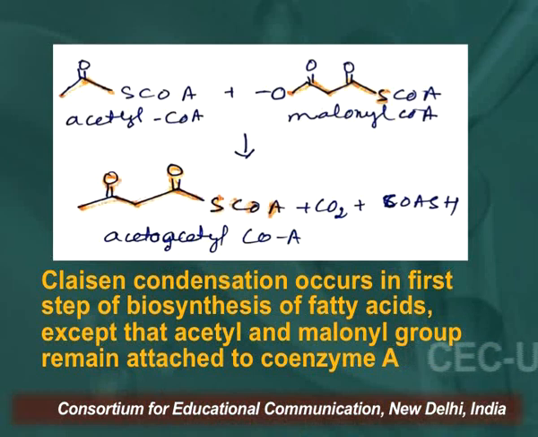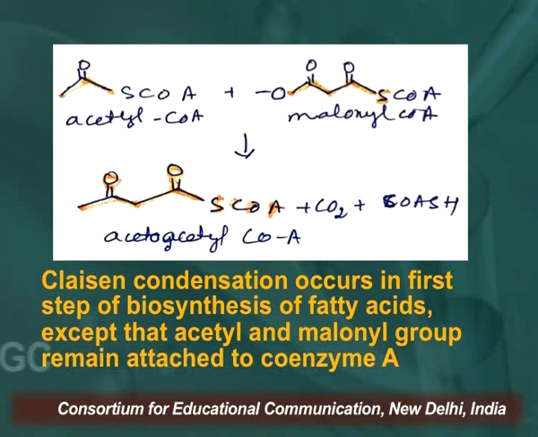In this mevalonate pathway, the first step is Claisen condensation. Claisen condensation takes place in the first step of the biosynthesis of fatty acids, except that the acetyl and malonyl groups remain attached to coenzyme A.